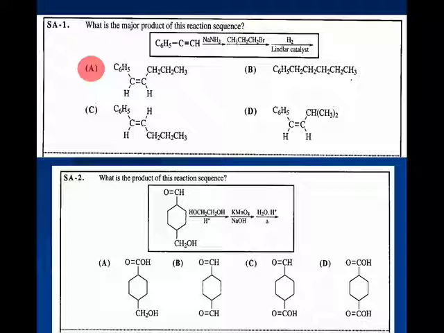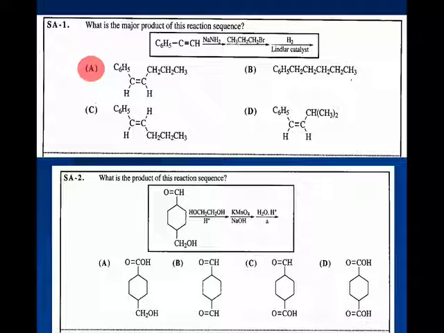Liquid ammonia and lithium? That will give you the trans alkene. So we can take alkynes, hydrogen and palladium and get alkanes. We can take alkynes, hydrogen and Lindlar's catalyst and get cis alkenes, and we can take alkynes with lithium and ammonia and get trans alkenes.